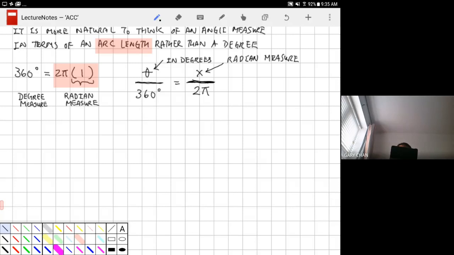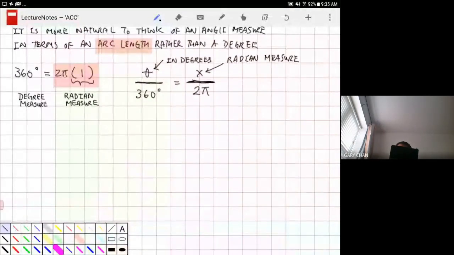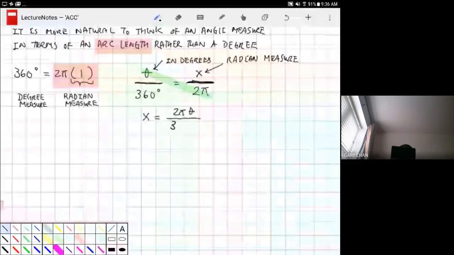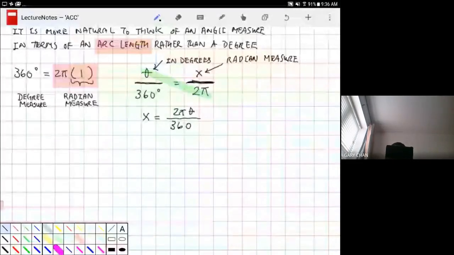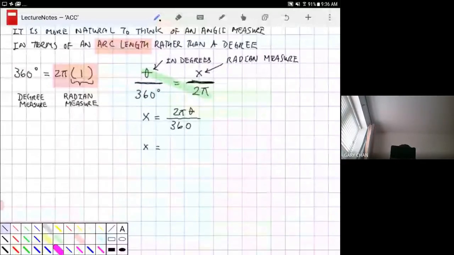So guys, in order for me to figure out the conversion of the radian measure, if I'm given an angle in degree measure, I'm going to cross multiply here. What I will end up with as a result is x equal to 2 pi times theta over 360. Do you guys notice any factors that I can eliminate? 360 and 2, 180.